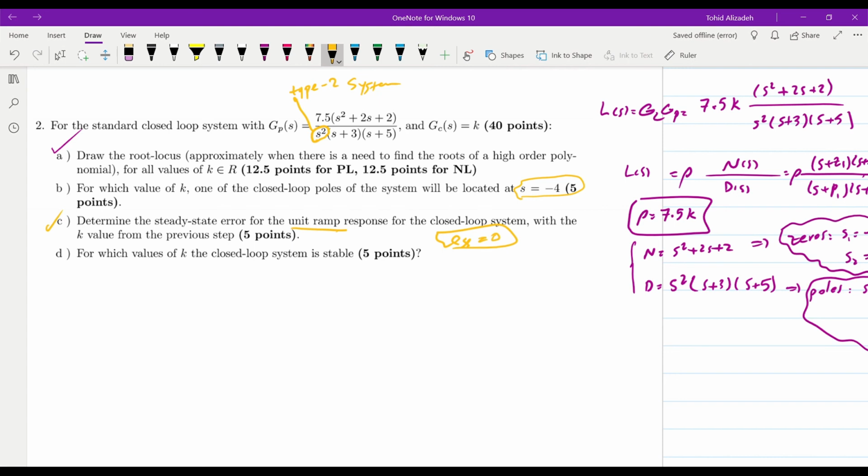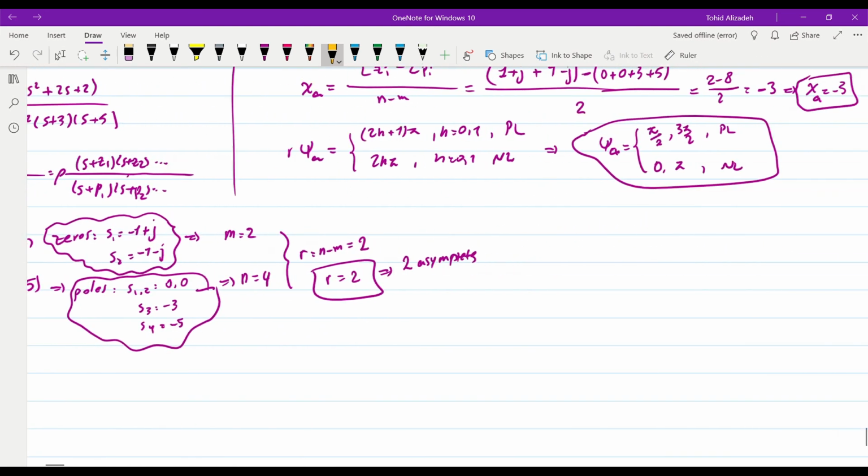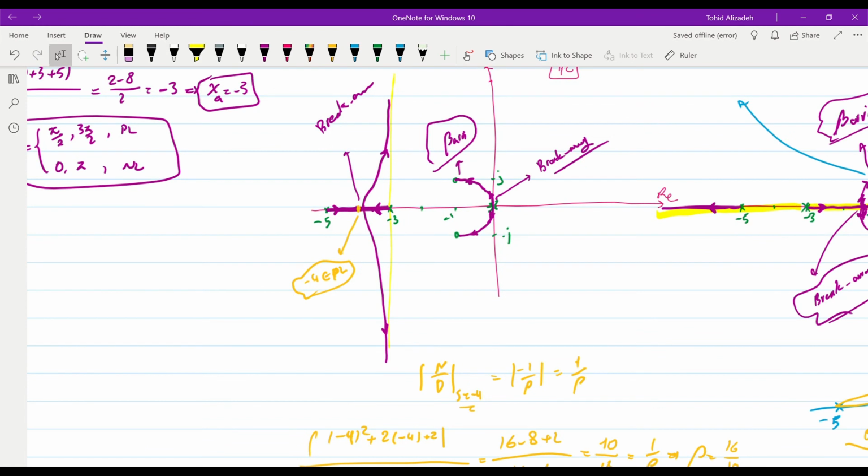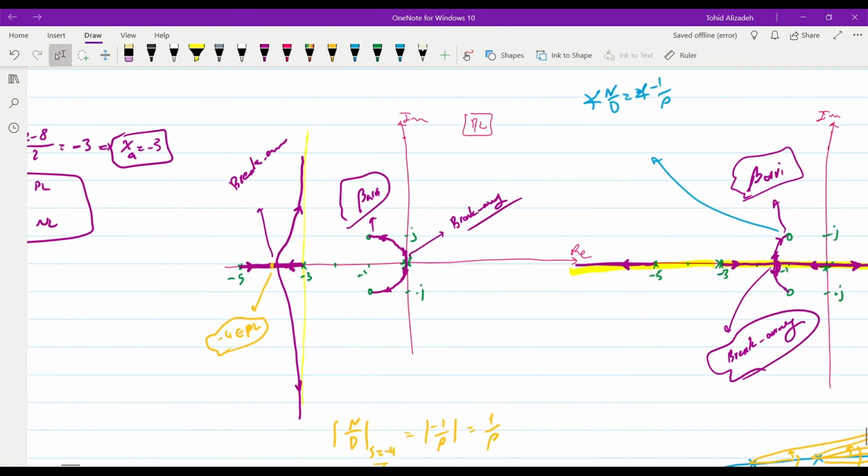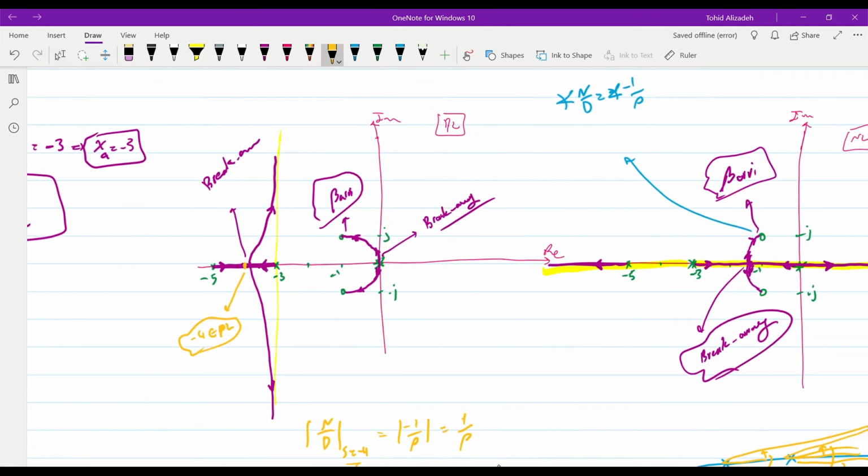Then the last point says that for which values of k the closed loop system will be stable. We can have a look at the Root-locus sketch that we have for the positive locus. You can see that for k bigger than 0, we never have a pole on the right half plane, so the closed loop system is always stable.